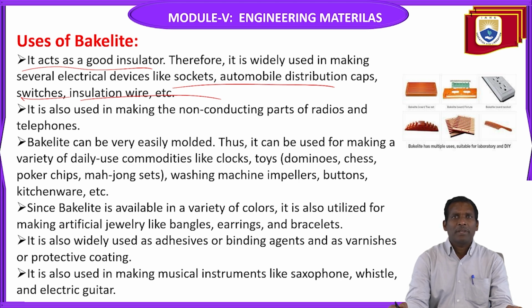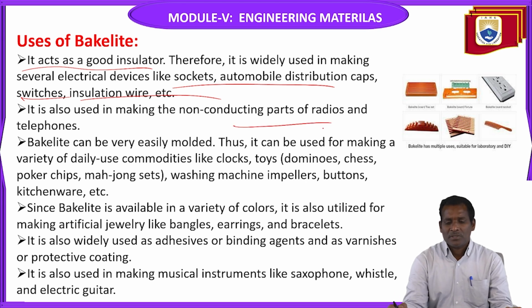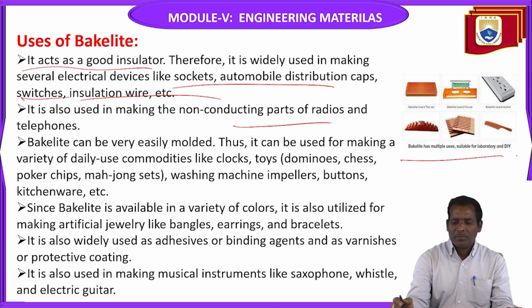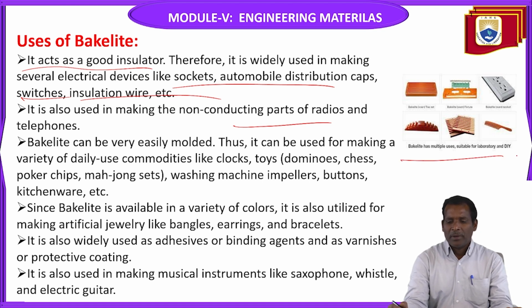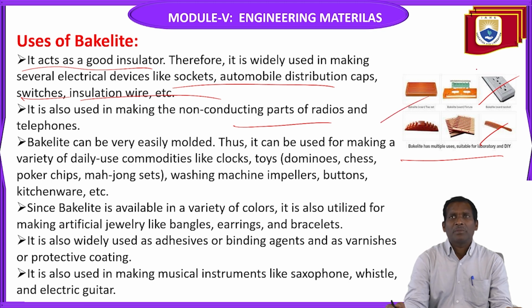It is also used in making the non-conducting parts of radios and telephones. Here, it is shown that bakelite has multiple uses, suitable for laboratory and DIY. Electrical switches and combs are all bakelite materials.